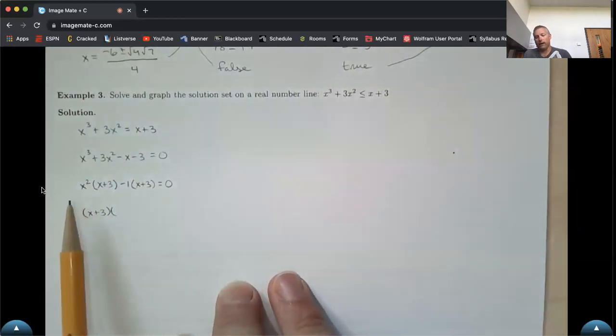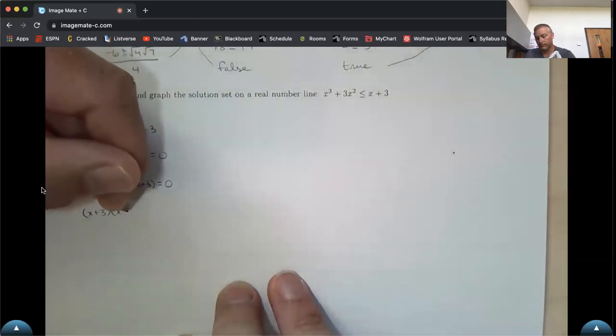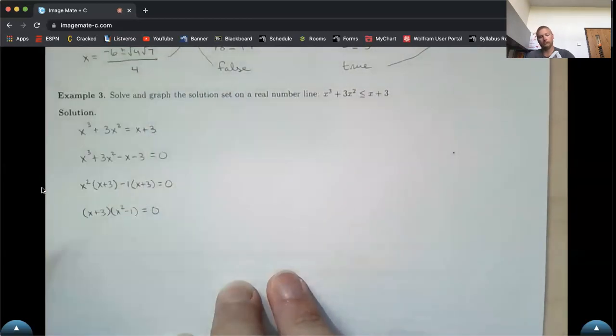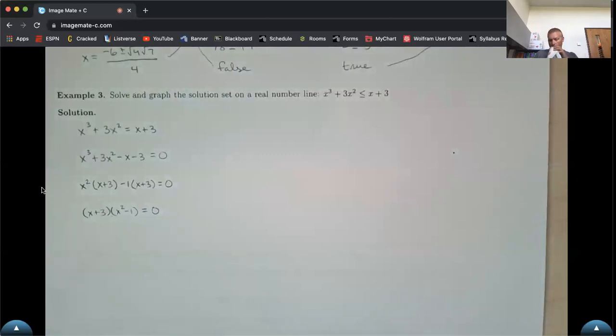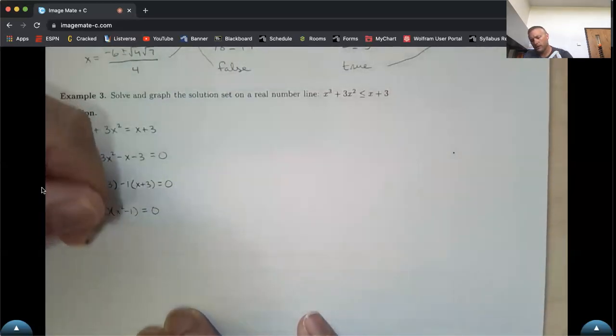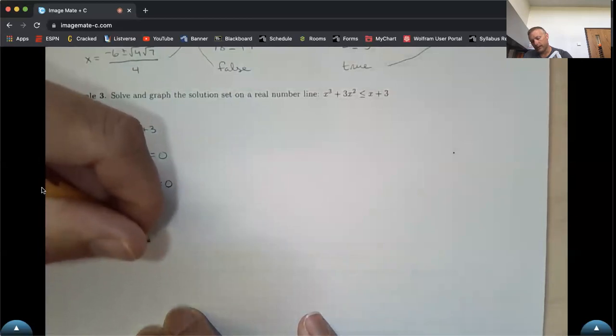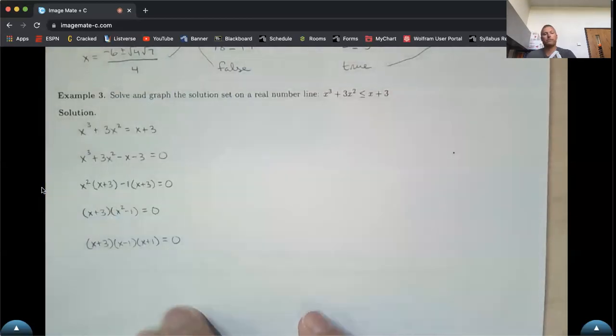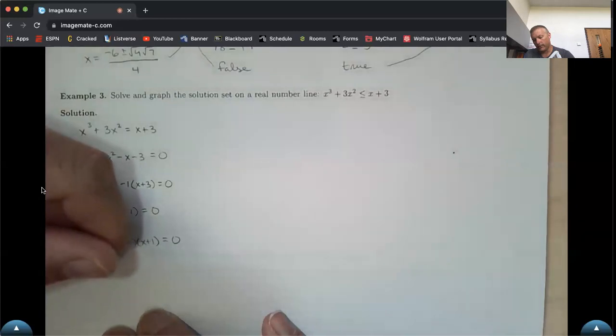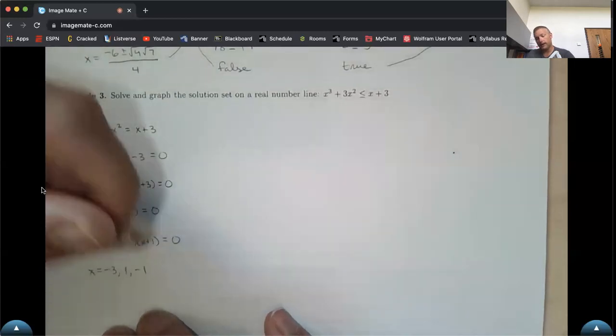And when we factor that out, it leaves us with x squared minus 1. Now, x squared minus 1 factors further as x minus 1 times x plus 1. So the roots of this equation then are -3, 1, and -1.